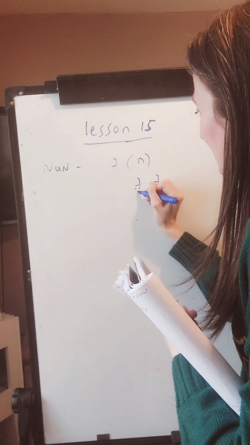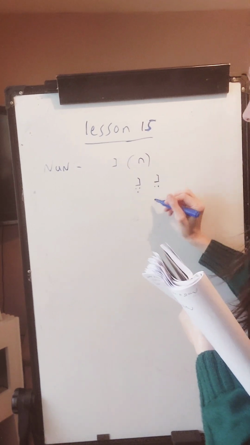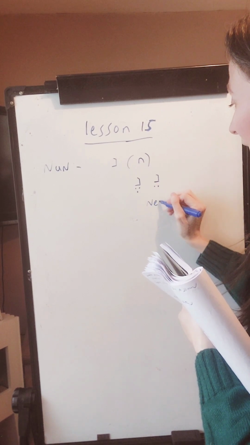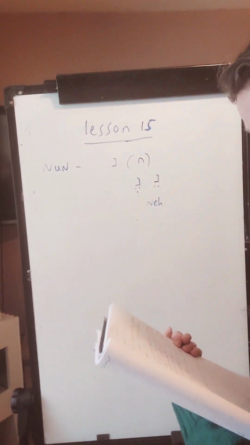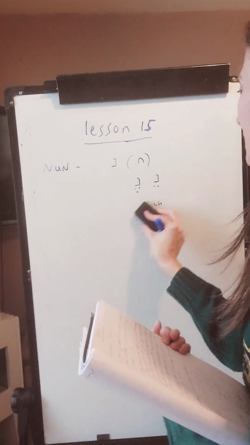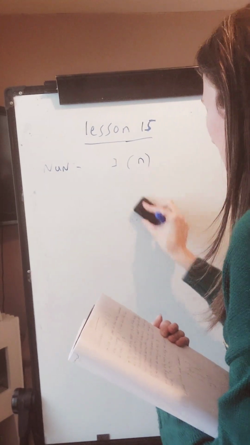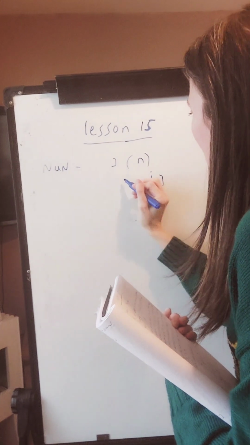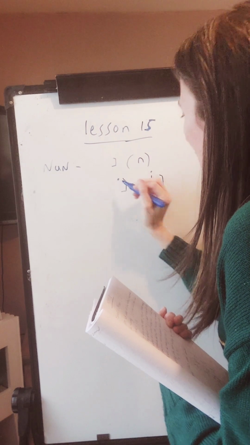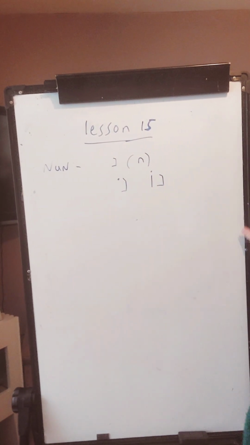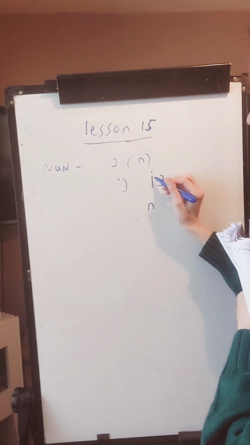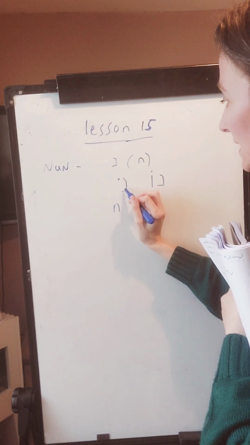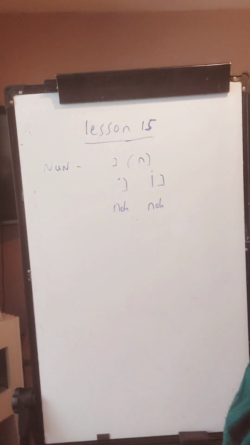With the E vowels, again, sound of the consonant, n, sound of the vowel, e, ne, ne. And then with the O vowel, so n, the O vowel, no, no.